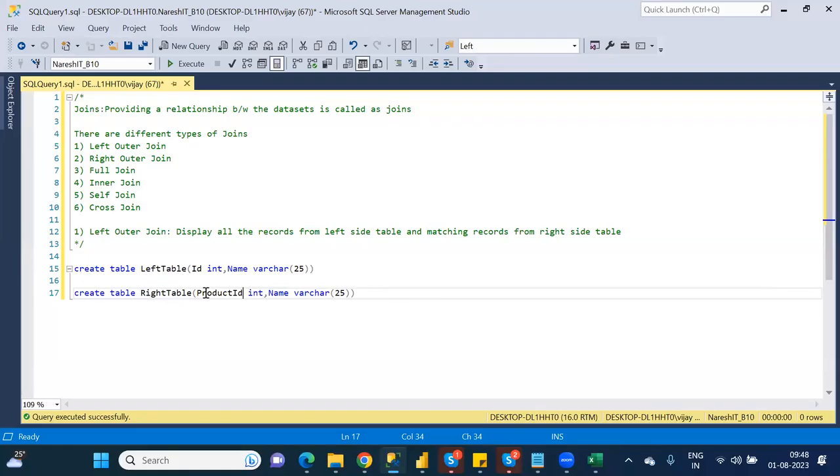Sometimes you can maintain the same column names as common columns. Sometimes different column names we can also take as a common column. Understand? This is the best example. Here ID is there, a common column. Product ID is there. Different column names, right?